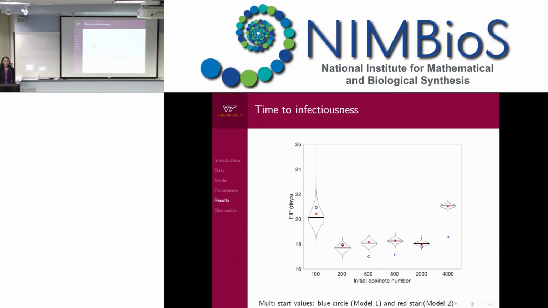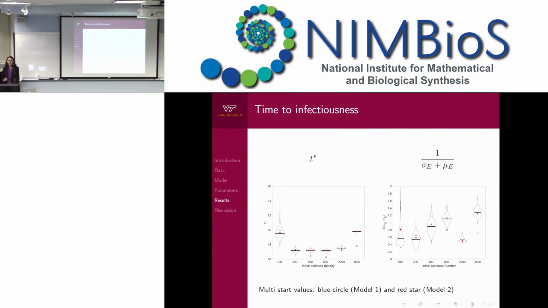We were interested, right, there are two components to our EIP, that T star and the 1 over sigma E plus mu E, and so we're interested in the contributions of each of those, and we could look at that as well. We see that T star is a large contribution and shows a very similar curve, but what we see is, by and large, except for this one condition, an increasing time as the ookinete number increases, and increasing time right at the beginning.